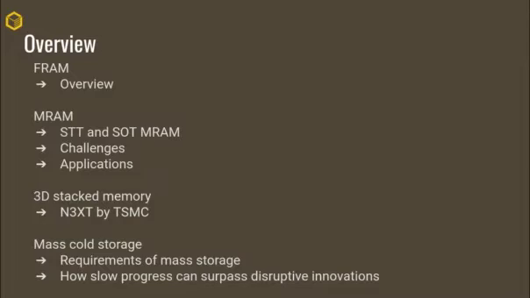And afterwards, in our last part, we'll be looking at an interesting mass cooled storage solutions that we have been seeing emerge recently and is becoming more and more prominent and an interesting solution for long-term storage. Let's get right into it.